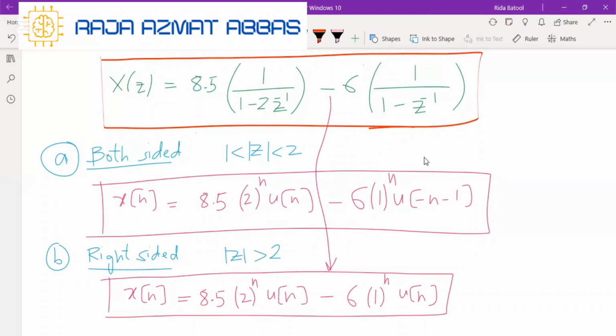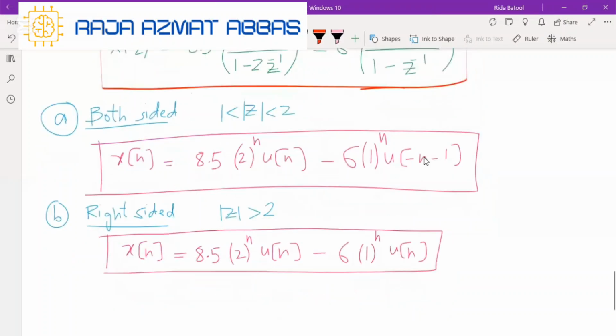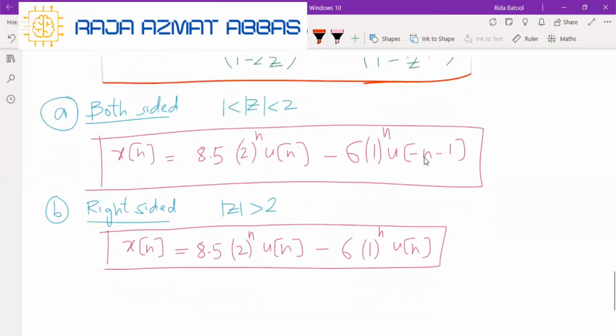Now the last possibility, if the signal is left-sided.